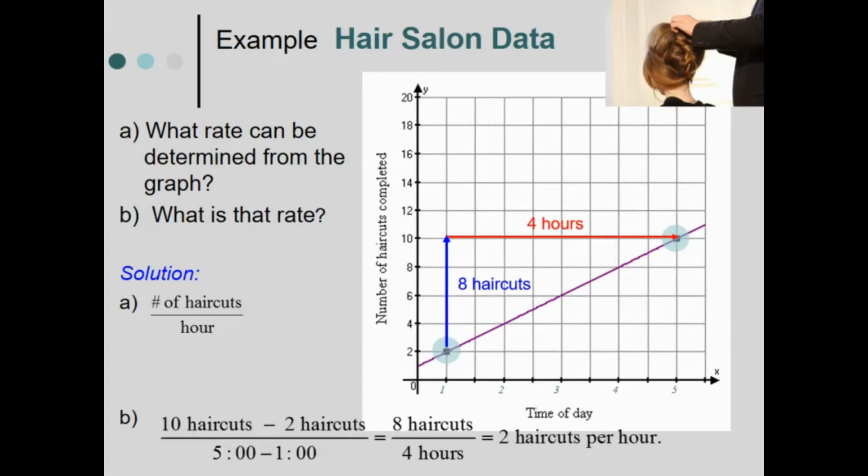If we take those 2 points, we had 10 haircuts at 5 o'clock, 2 haircuts at 1 o'clock, subtracting the haircuts, 10 minus 2 leaves the change of 8 haircuts for our numerator. 5 o'clock minus 1 o'clock is a matter of 4 hours time span, and then simplifying we end up with an average of 2 haircuts per hour.